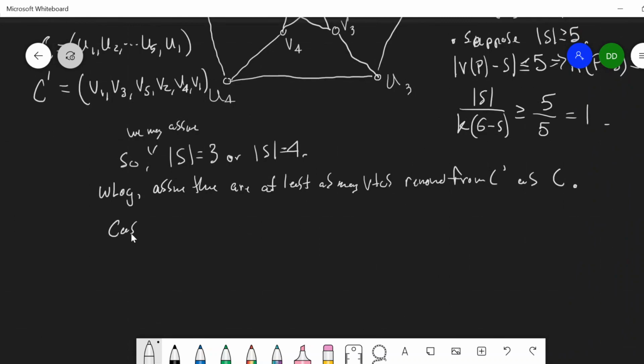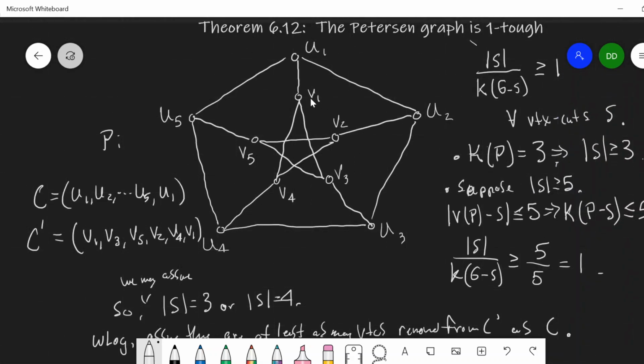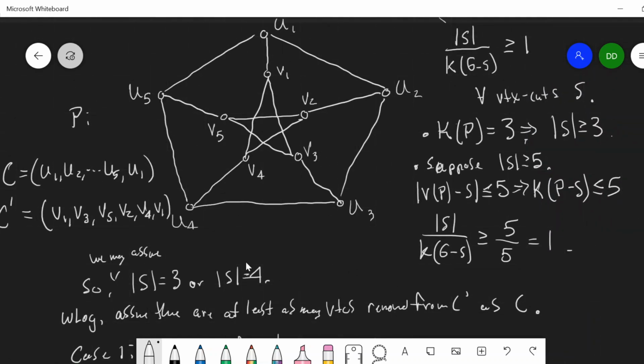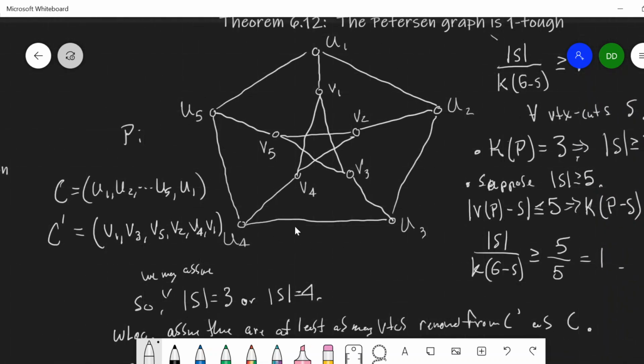So case 1, no vertex of C prime is removed. Well, in this case, if we don't remove any vertex of C prime, that means we're removing 3 or 4 vertices of C, but that's irrelevant because no matter how many vertices I remove of C, I will still be left with just 1 component of the graph because of this inner 5 cycle.